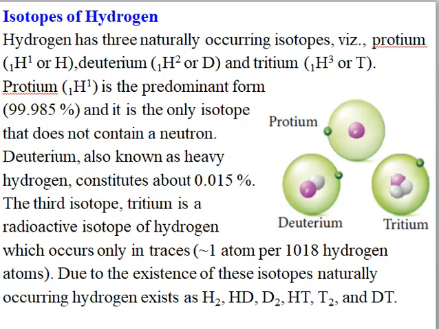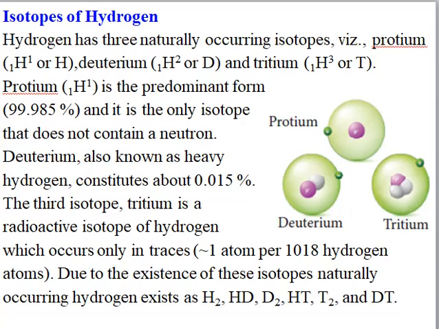Here you can see the picture. Protium contains one proton and one electron. Deuterium contains one proton, one electron, and one neutron. Tritium contains two neutrons, one proton and one electron.